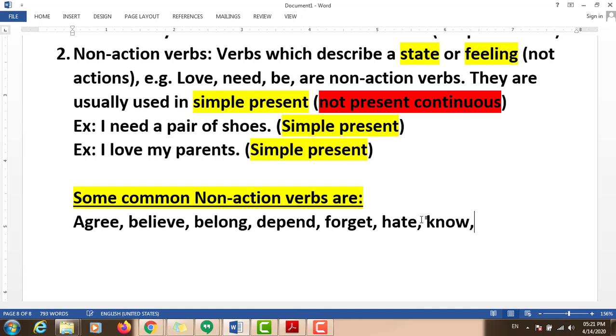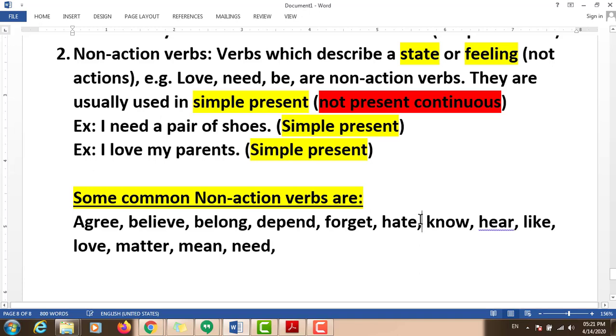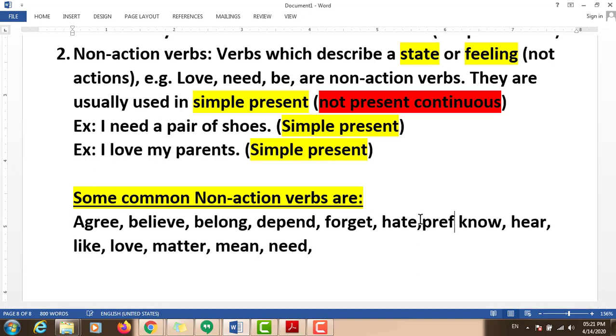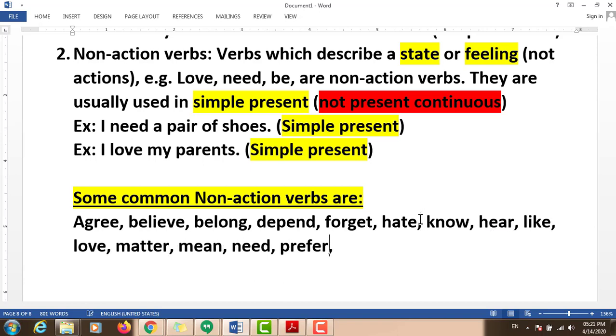Hate, know, hear, like, love, matter, okay, matter, mean, need, I gave it to you before also, need, prefer, realize, recognize.